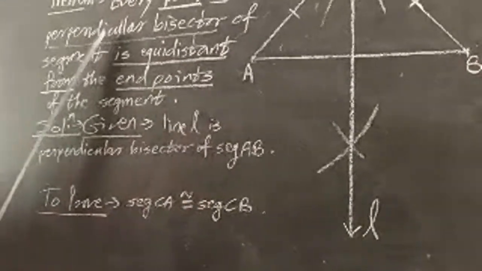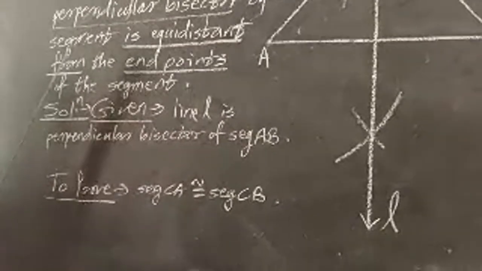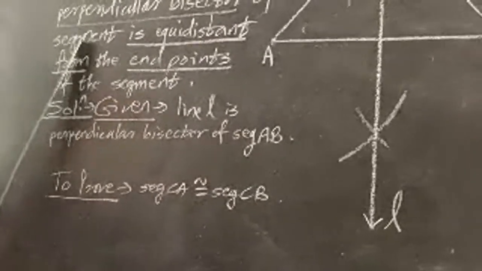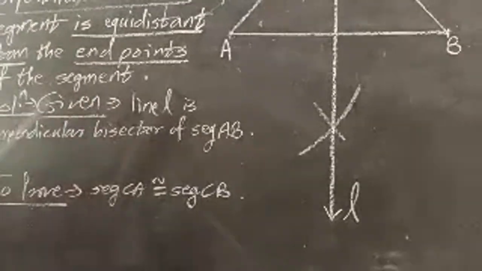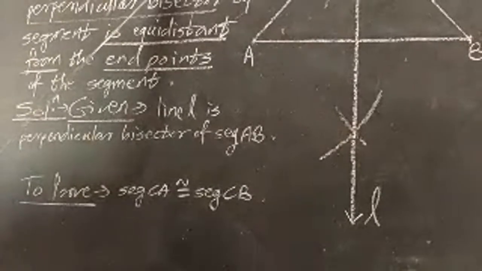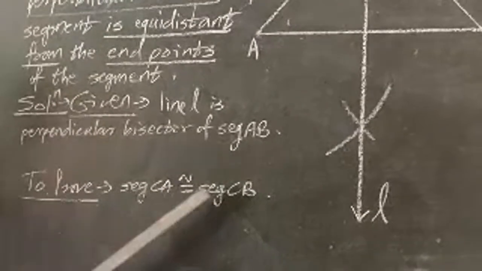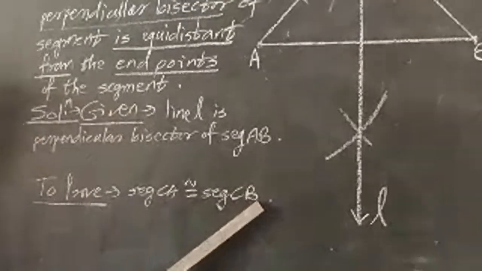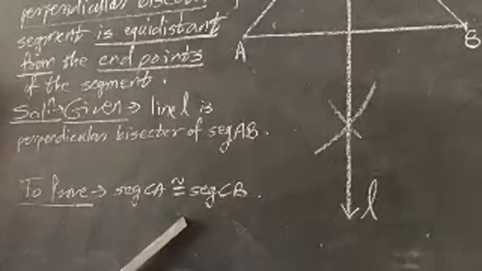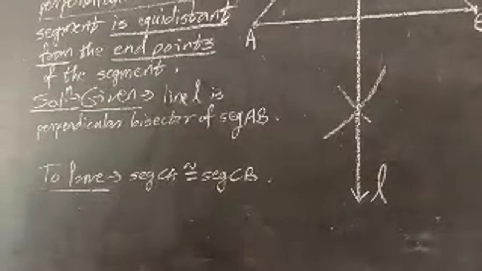We write the perpendicular bisector name only, and the segment name we write here in given. And in to prove, that point is equidistant from end points, point C is equidistant from end points A and B, we write here.